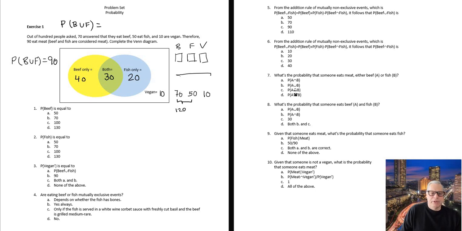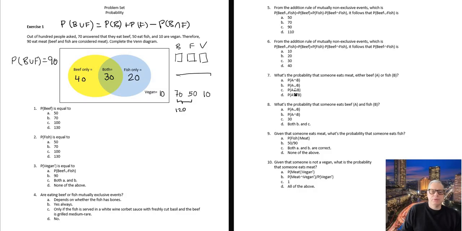But from the addition rule of mutually non-exclusive events, the rule for a non-exclusive event is the probability of beef plus the probability of fish minus the probability of beef and fish.